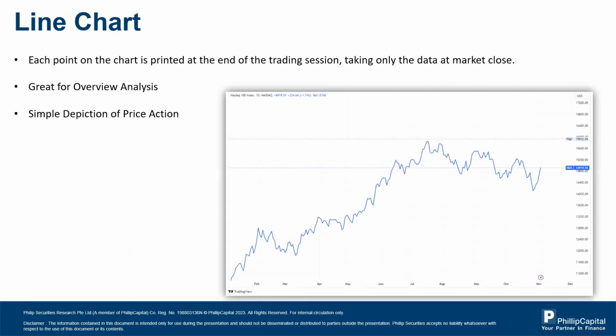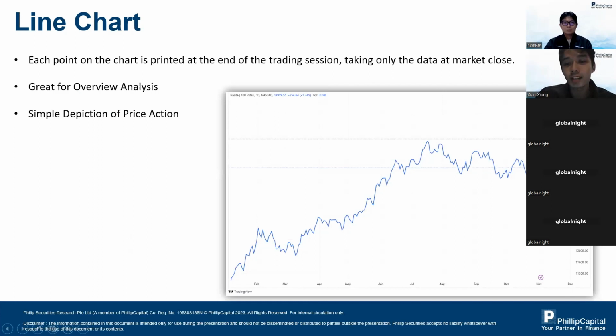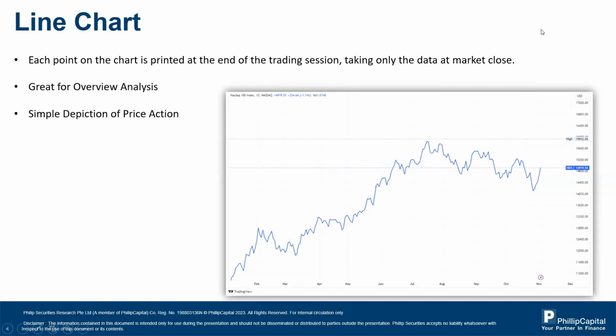Line chart is very clear, very simple. You can just look at the overview. You won't know the high or low, but it gives you the overview. For this NASDAQ alone, you can see it's an uptrend, and then subsequently it's flat throughout.